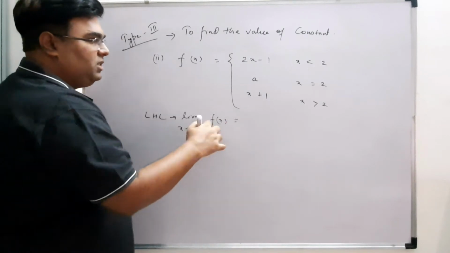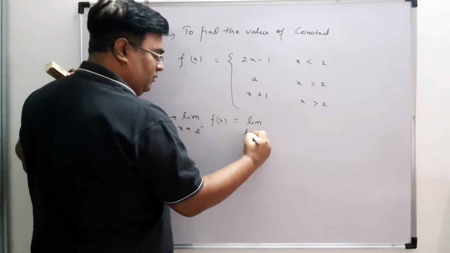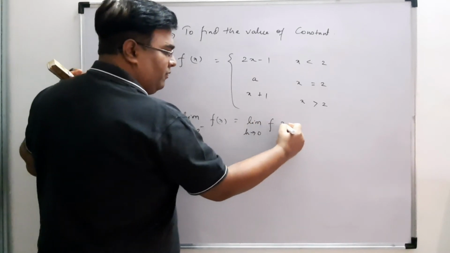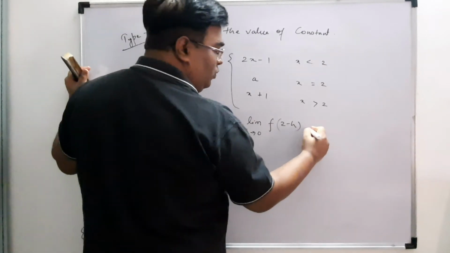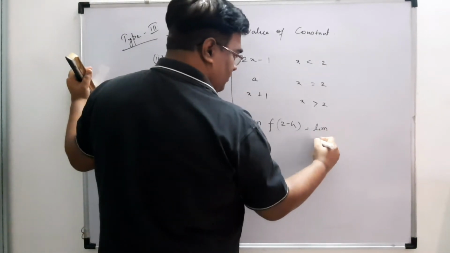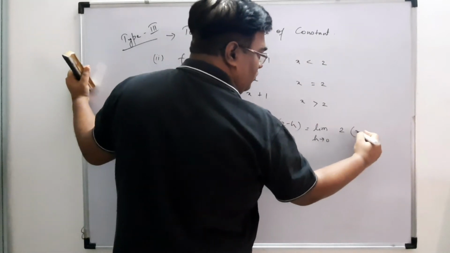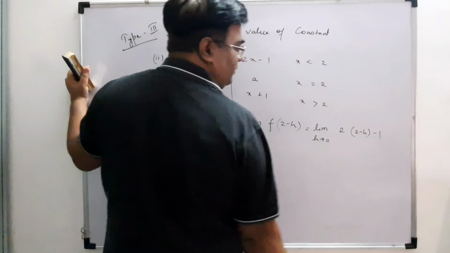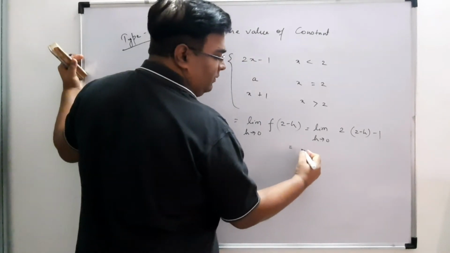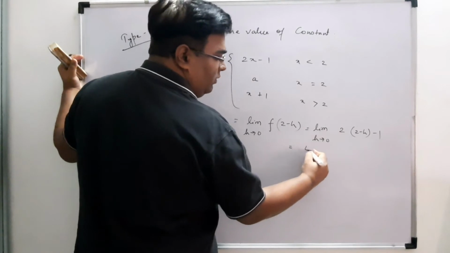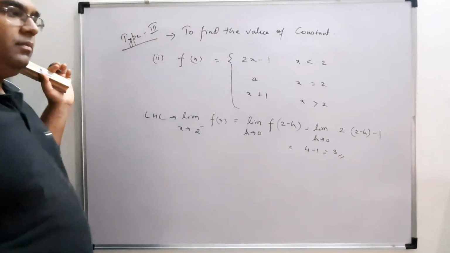So for 2 minus, we have limit h tends to 0 f(2 minus h), since it is less than 2, we will use this function which is 2, correct? It will be like putting h is equal to 0, it will be 3, right?